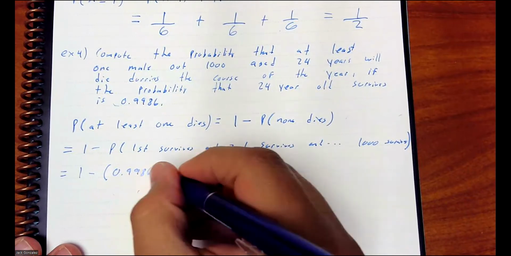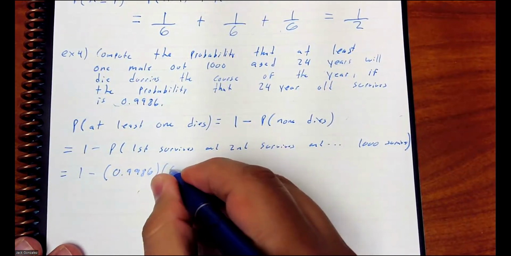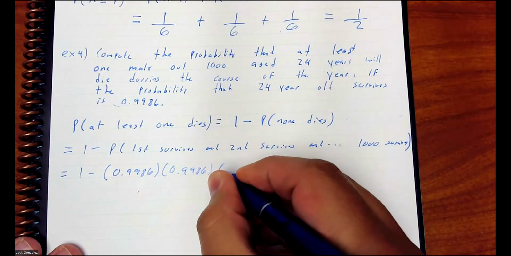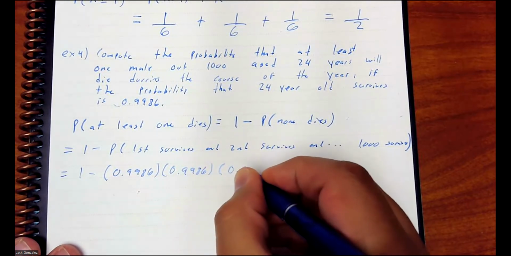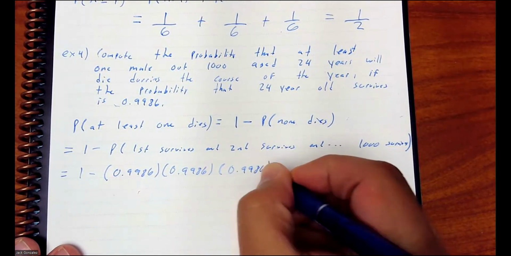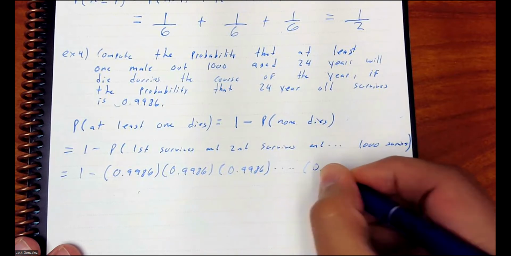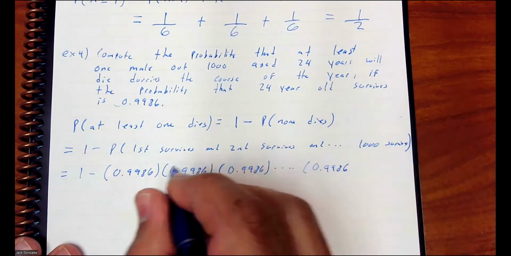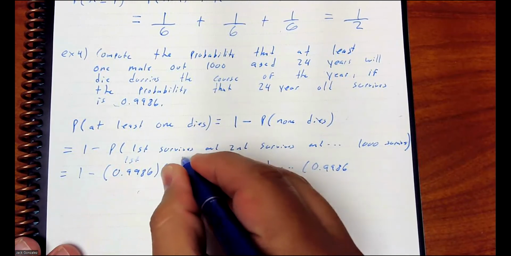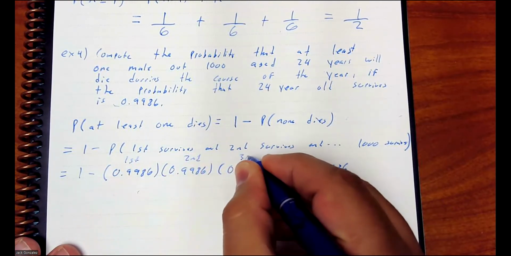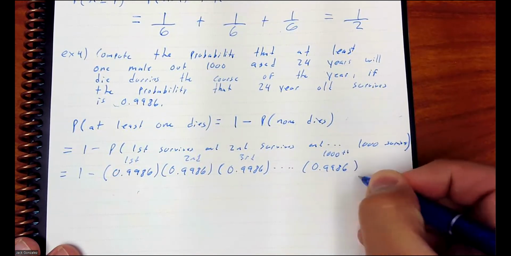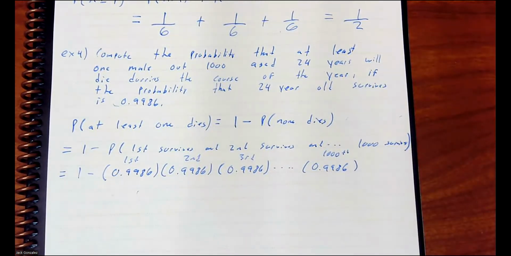So the chance of the first one surviving, the second one surviving, third one, so each one is an event.